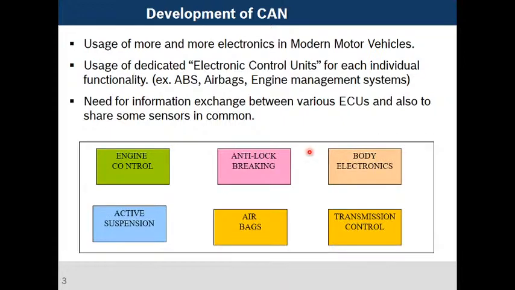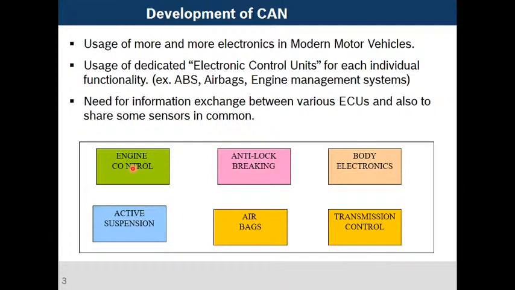Here we have an engine control system in a car, anti-lock braking system, body electronics, airbags, and transmission control. These are all individual ECUs used in a car. I think you got a picture of why ECUs are used in the car.